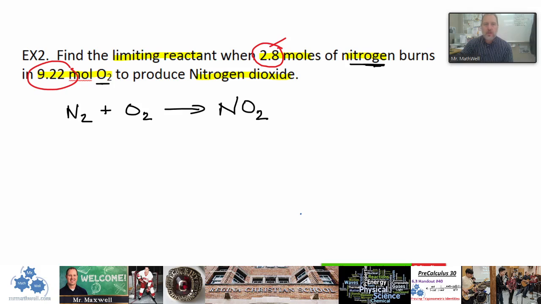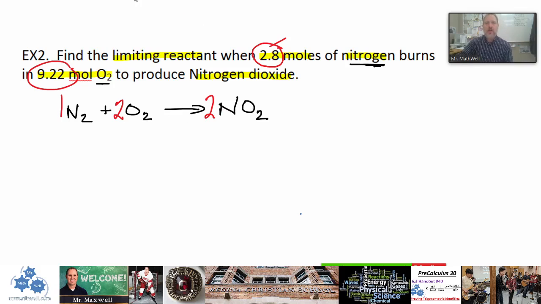Okay? So we have N2 plus O2 equals NO2. Now, problem here, this is not balanced. I've got two N's and one N, so I have to put a 2 there. And it looks like I have to put a 2 there. Then we're okay. You see that? So we've got two nitrogens, and 4 oxygens, 4 oxygens. We're good.